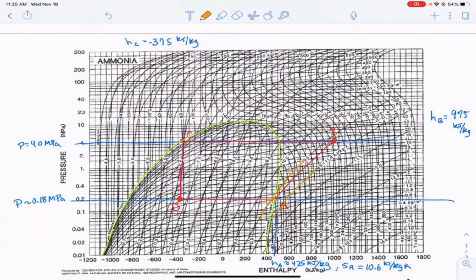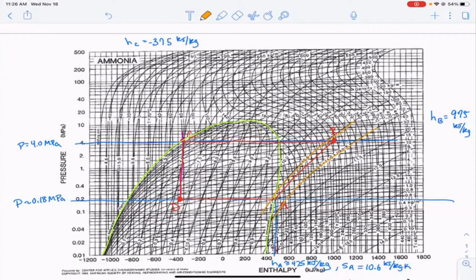So then to get to B in the compressor, it's isentropic. So I know if the entropy here is 10.6, then the entropy here has to be 10.6 as well, right? And that's also sitting between these same two lines of constant entropy. Okay, does that make sense? Yeah, that makes sense. Thank you. All right, good. All right, great.